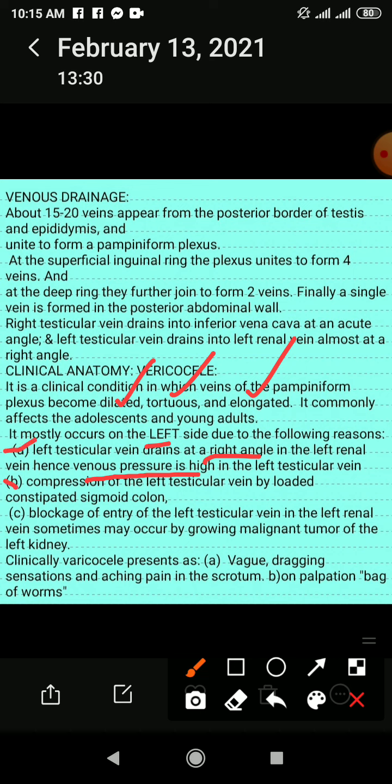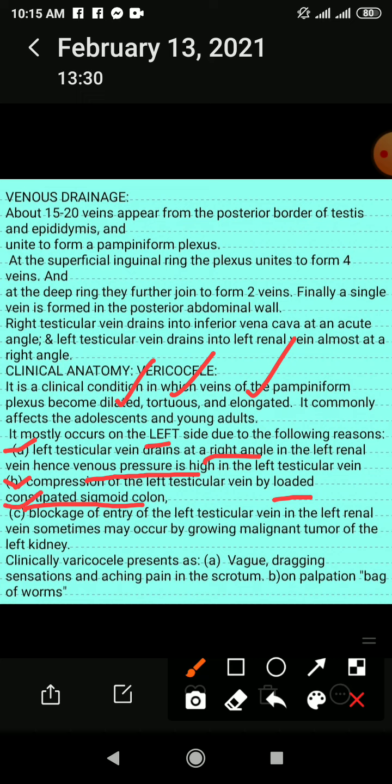Number 2, the left testicular vein may be compressed by a loaded, constipated sigmoid colon. We know on the left side there is the sigmoid colon. If a patient is suffering from constipation, the stool material may compress the left testicular vein, and the venous drainage may be hampered, and there may be production of varicocele.